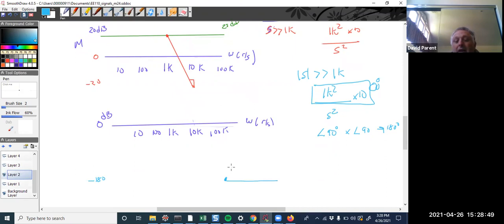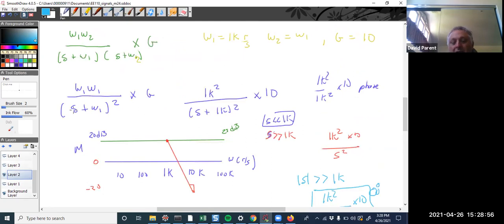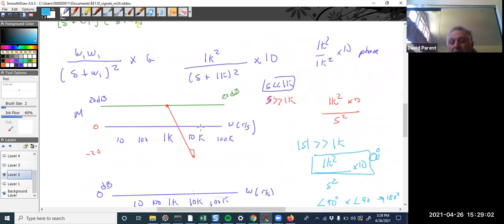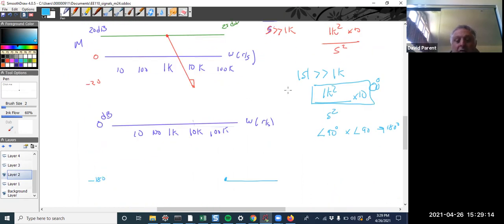Okay. And yeah, this is a bit of a trick, but there's only one breakpoint. So when these two are equal to each other, right, I'm going to get a magnitude with 45 degrees phase times a magnitude with 45 degrees phase. When I bring that into the numerator, it's going to be minus 90. So at 1K, it's going to be minus 90.